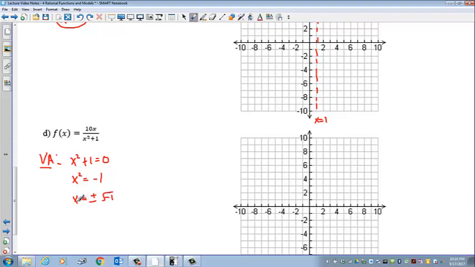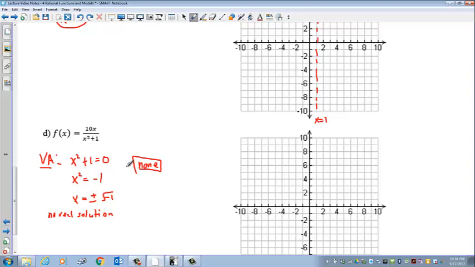Oh, that's an imaginary number. And remember, we don't want to work with imaginary numbers. We don't want to work with complex numbers. So in this one, there's actually no real solution. We say no real solution because there is an imaginary solution. And so what that means is that for vertical asymptotes, there are none. So no vertical asymptotes for this one.